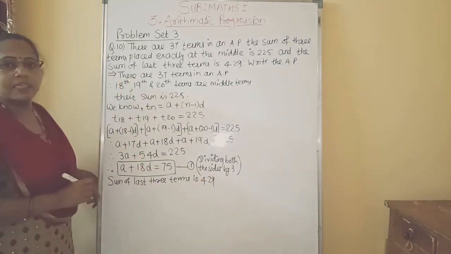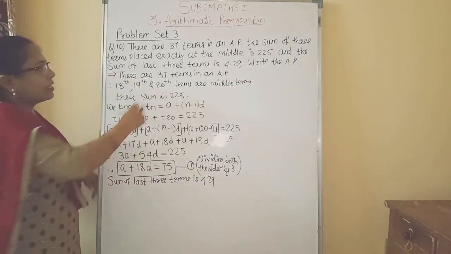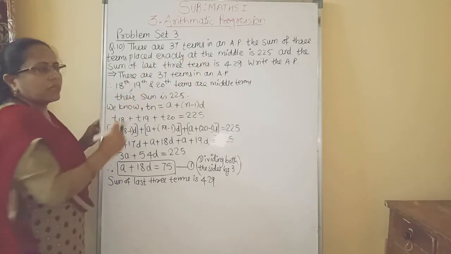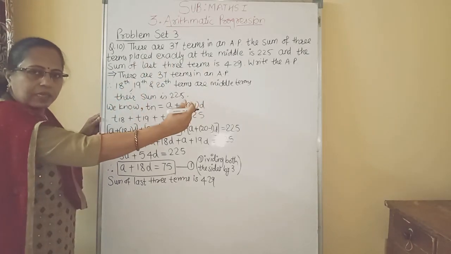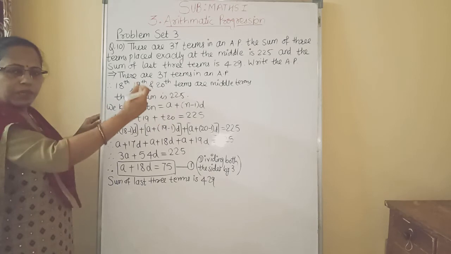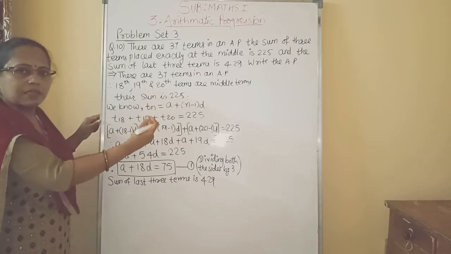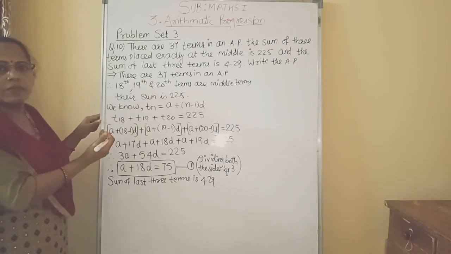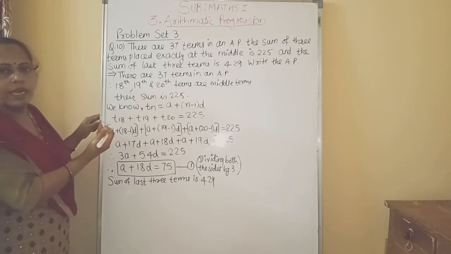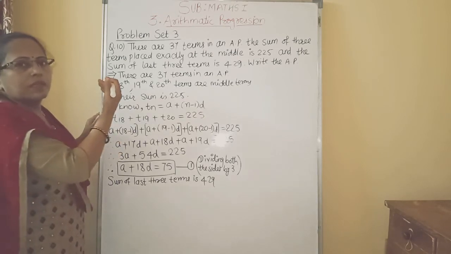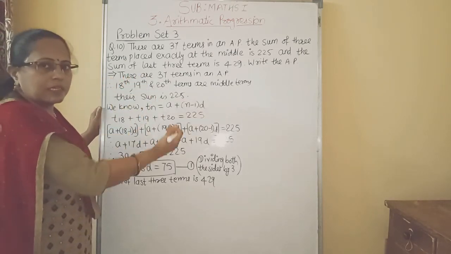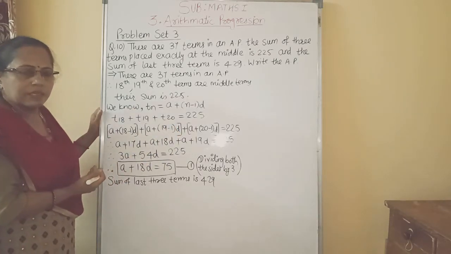Now which are the last 3 terms? Here they gave, there are total 37 terms. So 37th is the last term. Its previous term is 36th term. Its previous term is 35th term. That means 35th, 36th and 37th. These are the last 3 terms.